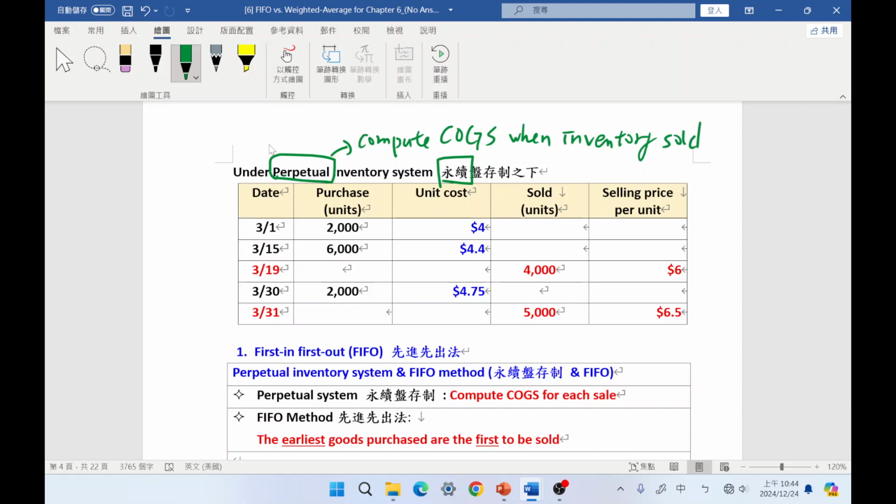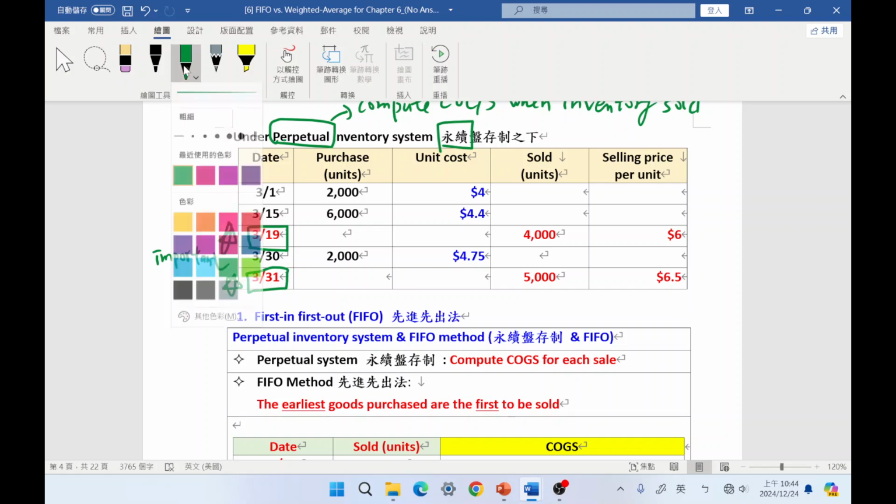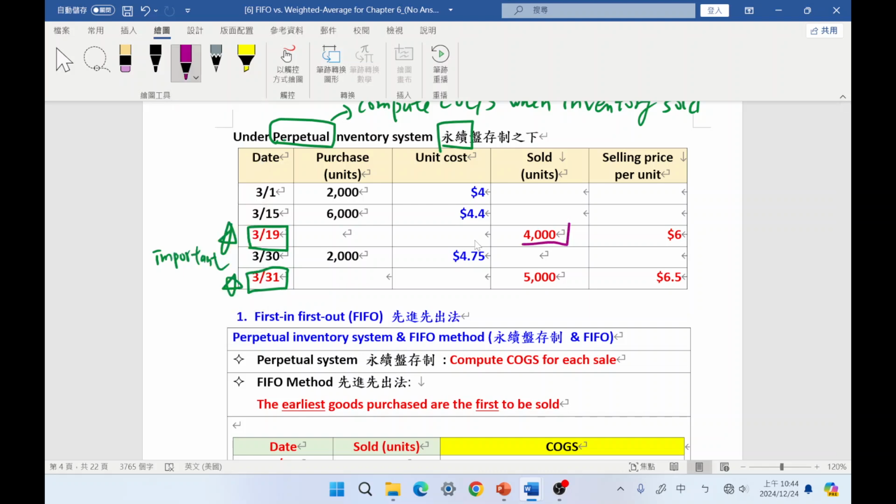So for perpetual, the date is very important. When we sold inventory, remember, you sold 2 times. It means you have to compute cost of goods sold 2 times. Based on the first sale, try to get the cost of goods sold, how much? Based on the second sale, try to get the cost of goods sold for the second time.